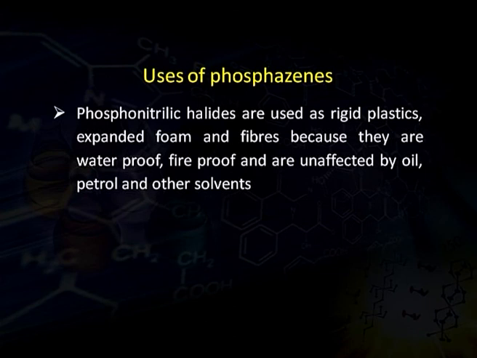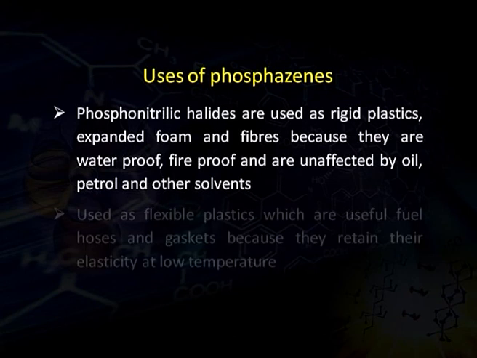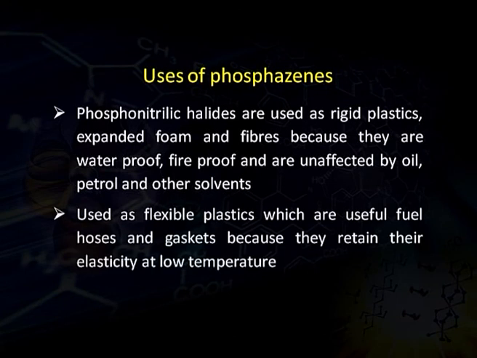Phosphonitrile halides are used as rigid plastics, expanded form and fibers, because they are waterproof, fireproof and are unaffected by oil, petrol and other solvents. These are used as flexible plastics which are useful for fuel hoses and gaskets, because they retain their elasticity at low temperature. So, this was all about the phosphazenes.